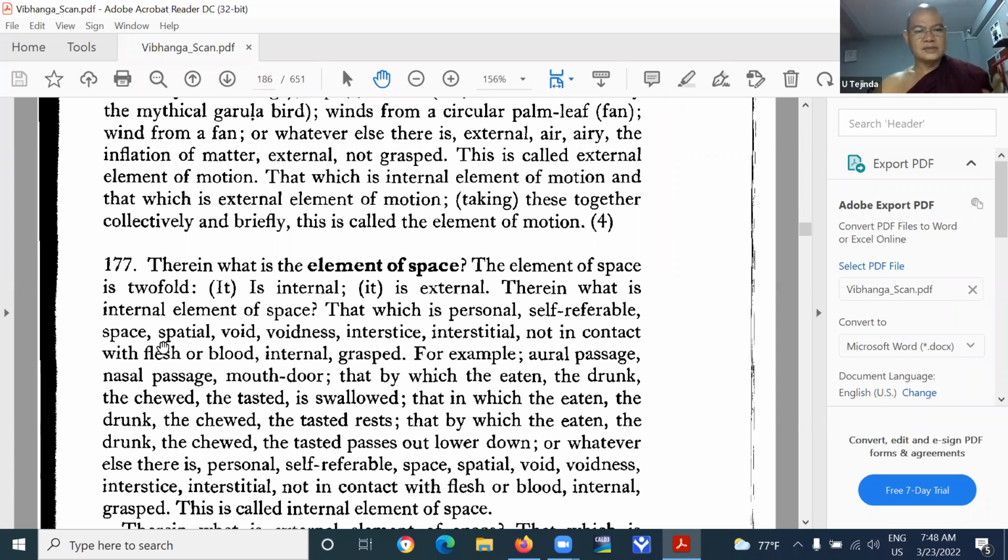So akaso is space, akasagatam. Agaham, hollow. Aghagatam, voiceless. Asamphutthan, not in contact with the flesh or blood.